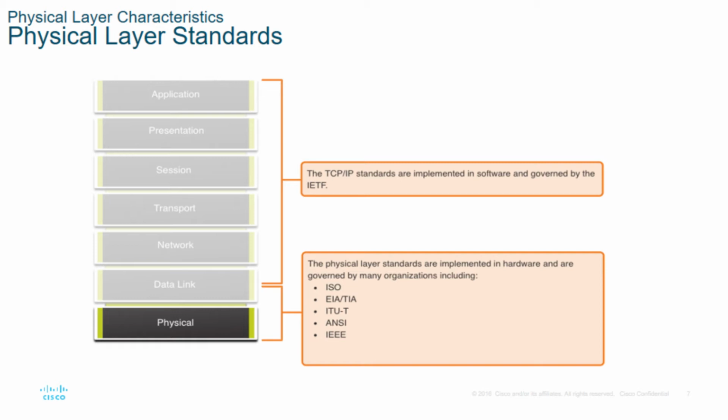There are many different international and national organizations, regulatory government organizations, and private companies involved in establishing and maintaining physical layer standards. For instance, the physical layer hardware, media, encoding, and signaling standards are defined and governed by standards bodies like ISO, TIA, ITU, IEEE, and ANSI, and other organizations.